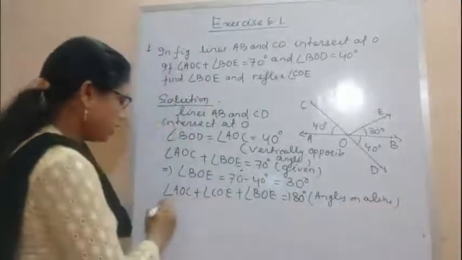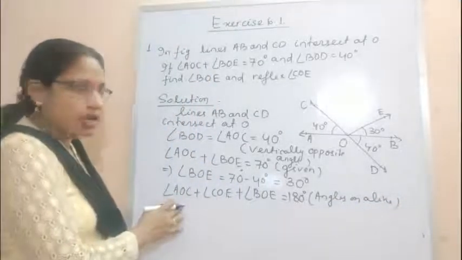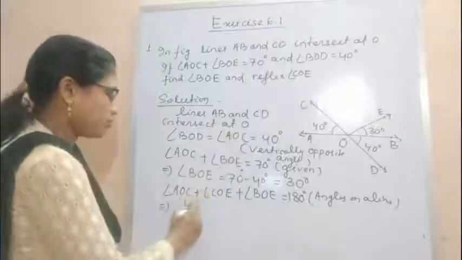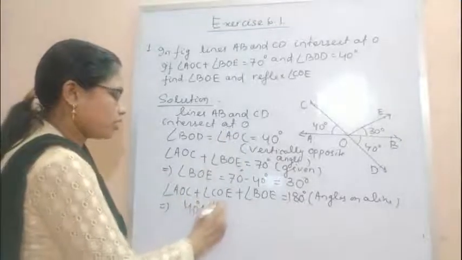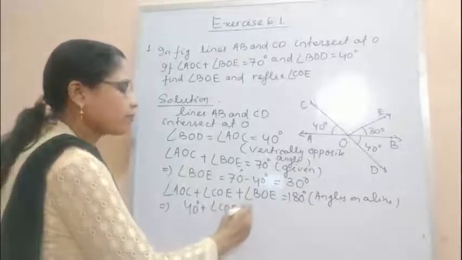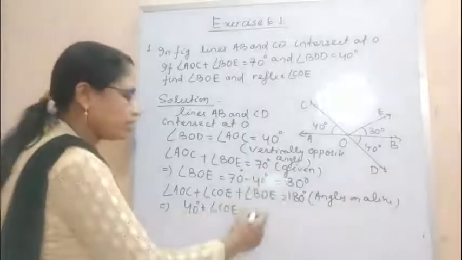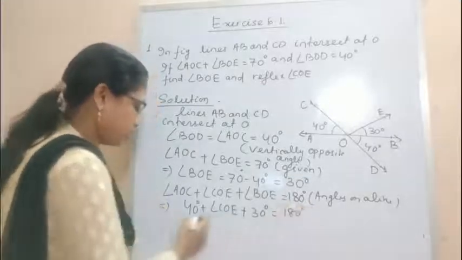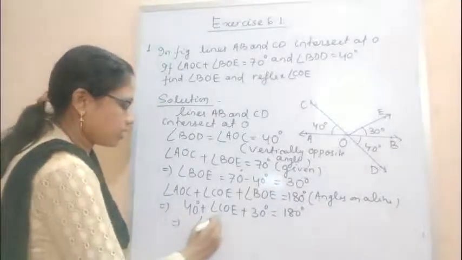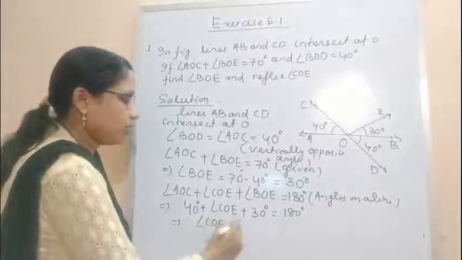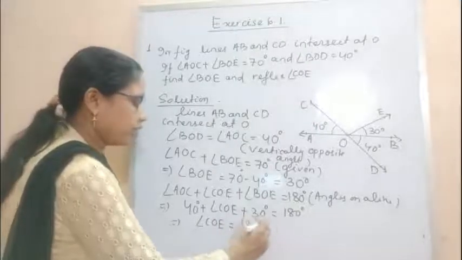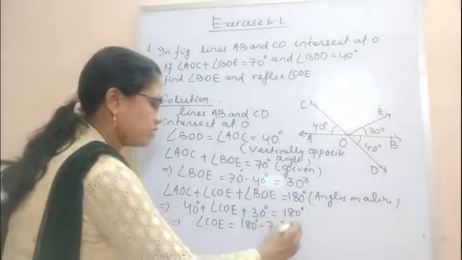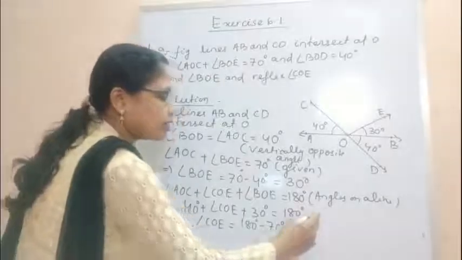Angle AOC is 40 degrees plus angle COE plus angle BOE is 30 degrees, equal to 180 degrees. So angle COE is equal to 180 degrees minus 70 degrees, that is 110 degrees.